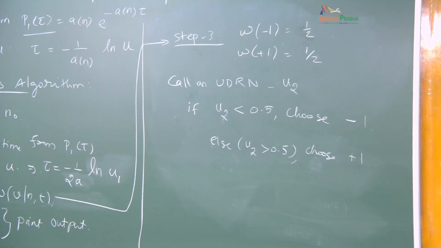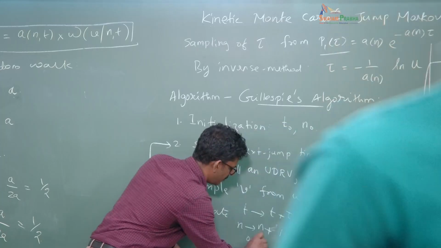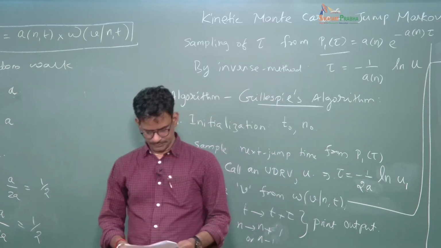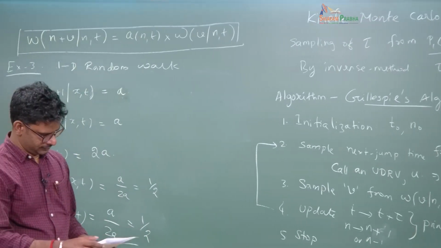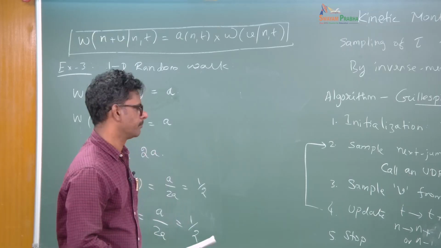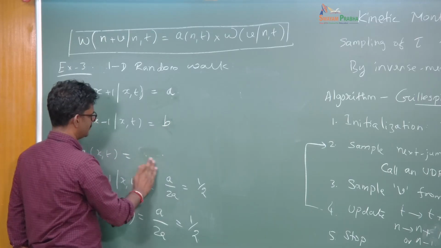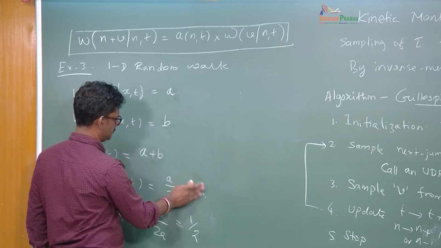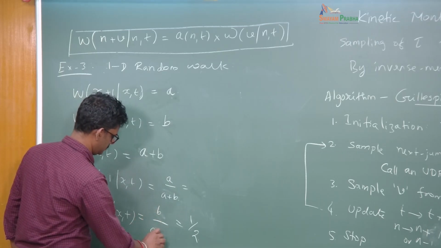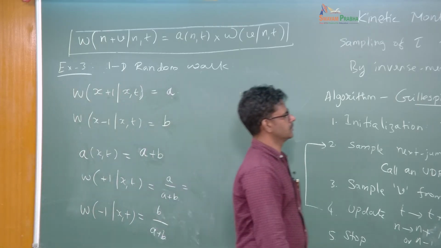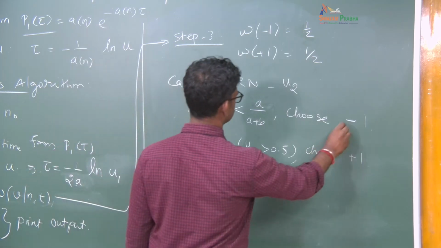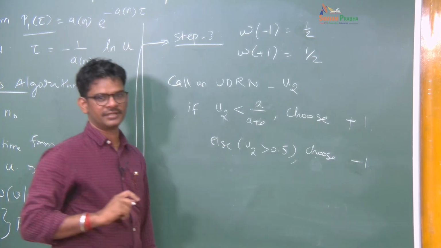Then you are going to update the chosen plus 1 or again minus 1, depending upon what the choice of nu is, and then you are going to update this over and over. Something like that you will do.